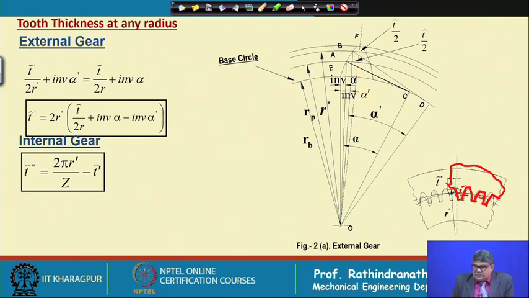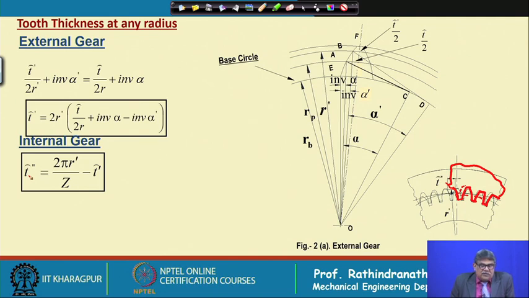So, at any radius, if we would like to find out the tooth thickness, what we need to do? We will consider that T double dash, the arc thickness, is nothing but twice pi r dash divided by z, that is the total circular pitch at that radius, minus the tooth thickness of external gear teeth.